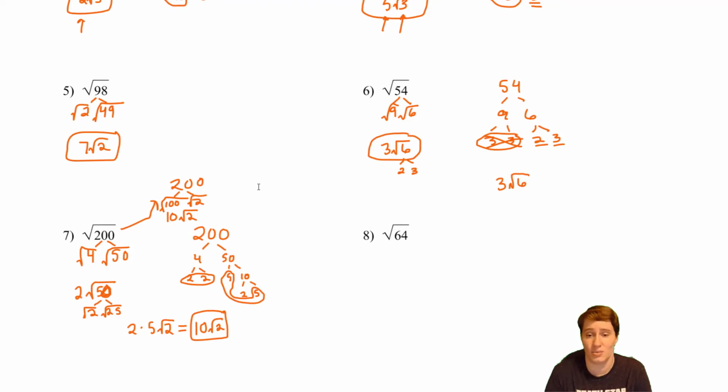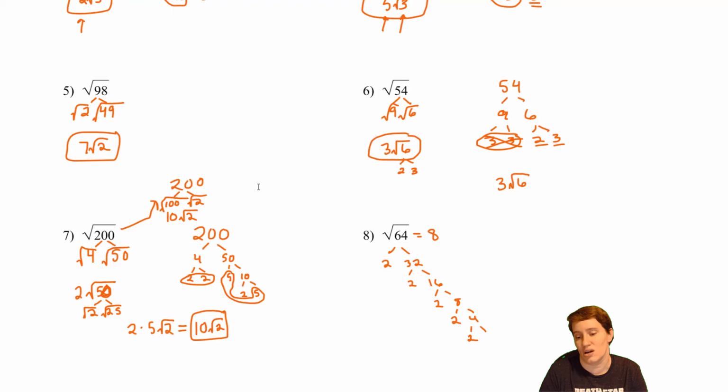The last one we'll do here together is 8. This is the square root of 64, and this is to point out that you shouldn't forget that perfect squares are a thing. We actually know what the square root of 64 is, because 64 is 8 times 8. So you can be like, okay, well, that's 8. You could also figure it out by doing a factor tree. Maybe you're like, okay, 2 goes in 32, 2 and 16, 2 and 8, so many 2s, 2s forever.